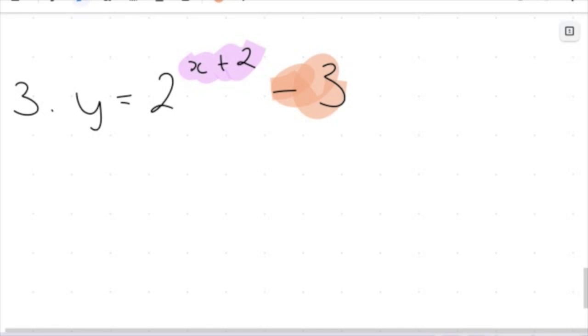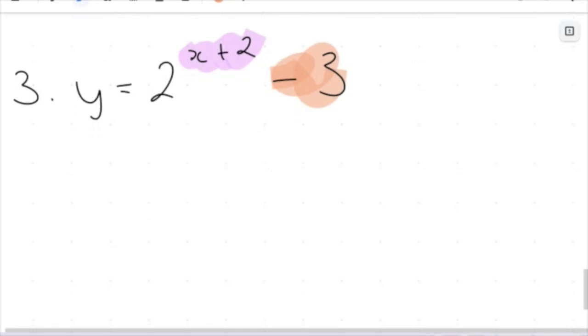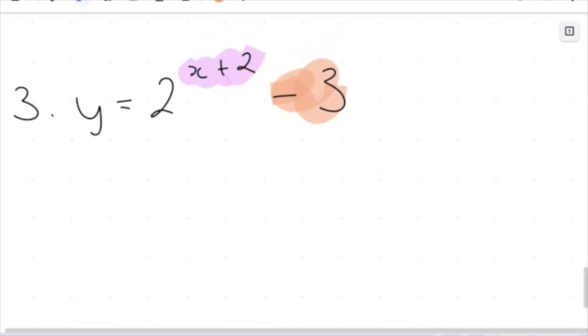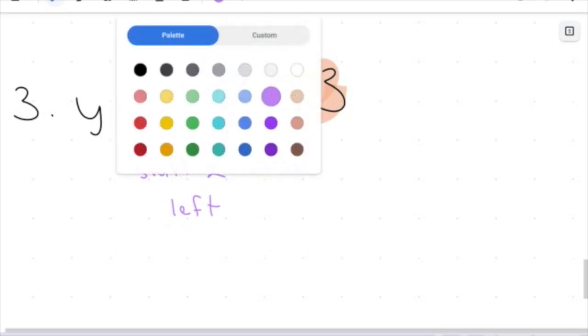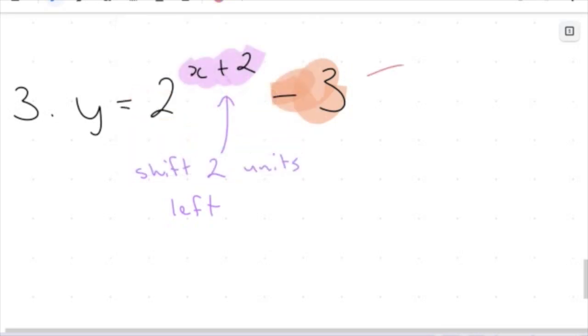It's going to shift this down 3 units. And this x plus 2 in the power is going to shift it to the left in the opposite direction. So here, I have a shift 2 units to the left, and then here I have a shift 3 units down.